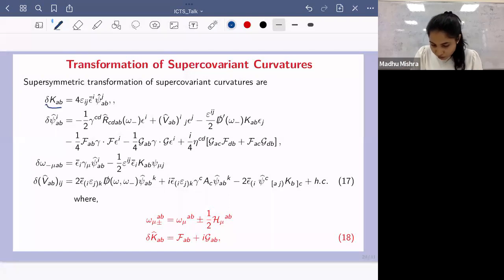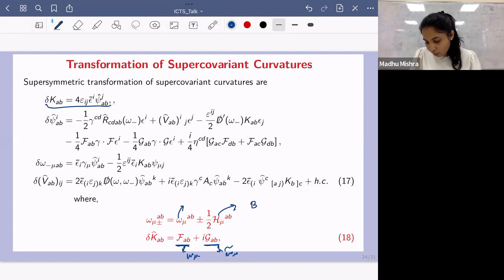So these are the curvatures. This KAB is basically the combination of this FAB and GAB, which I already told you are the field strengths corresponding to omega mu and W mu and W mu tilde. This is the spin connection, and this is the field strength corresponding to B mu nu. So if you see, this appears as some sort of torsion here, and then this is the transformation of this curvature.